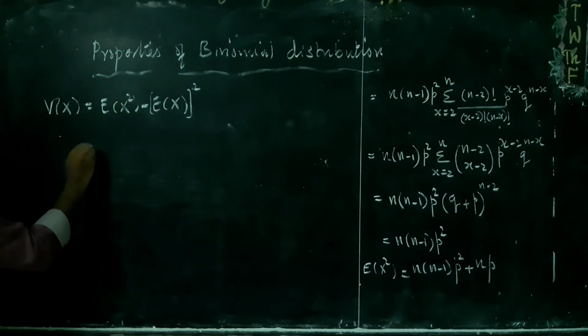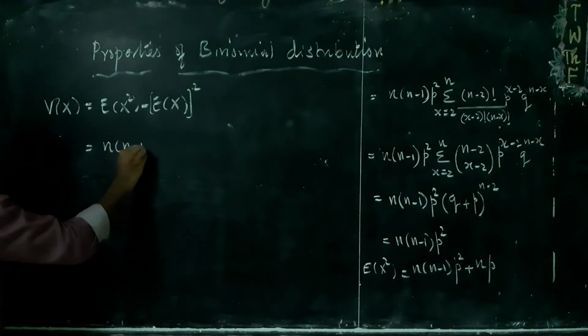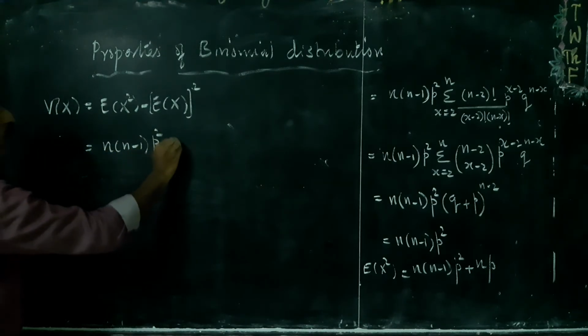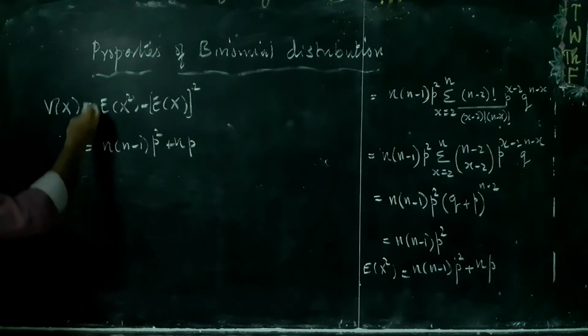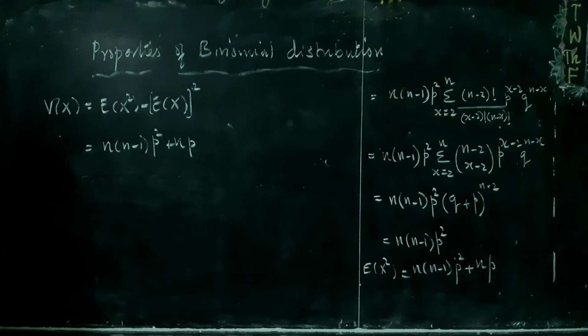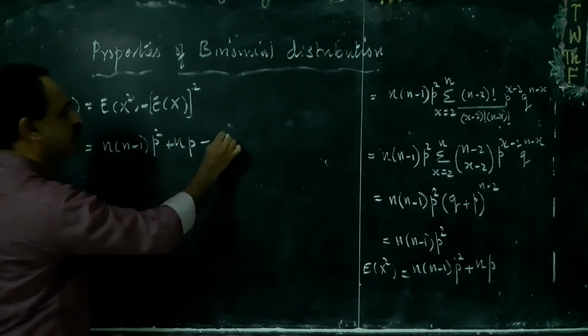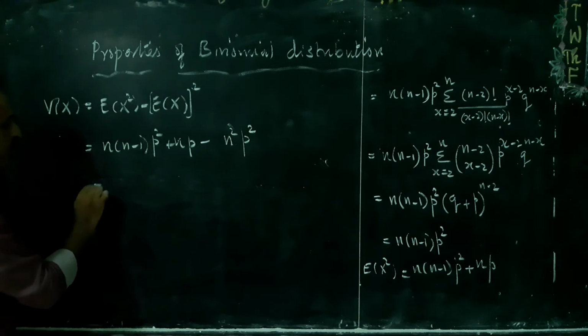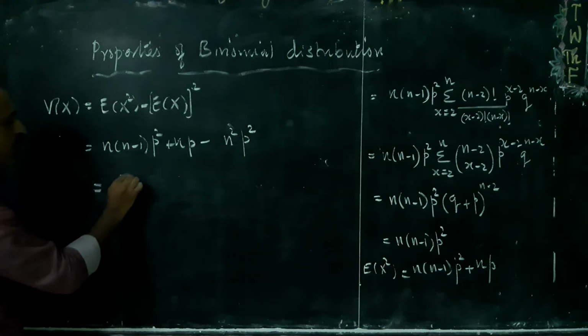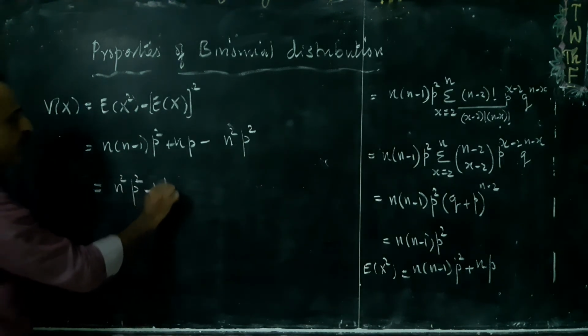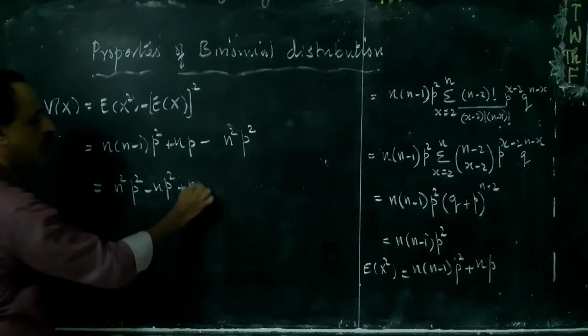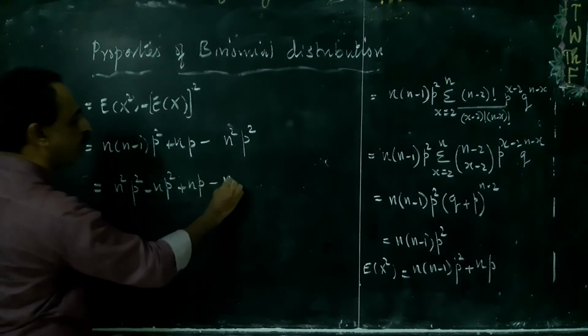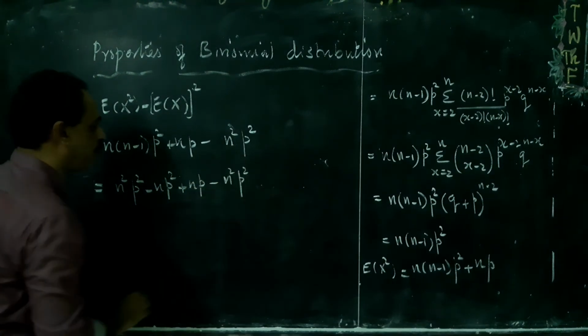It becomes n into n minus 1 p square plus np, the value of E of x square, minus E of x whole square, that is n square p square. So n square p square minus np square plus np minus n square p square.